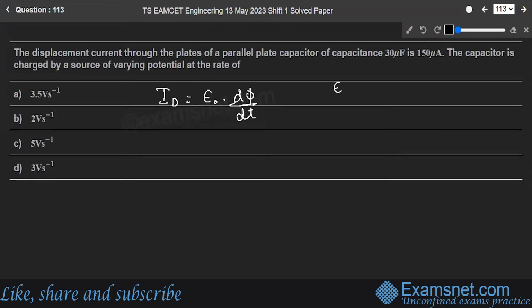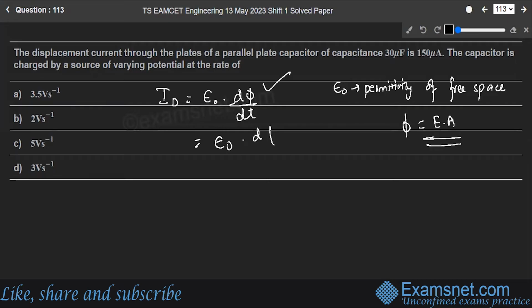This epsilon naught is the permittivity of free space, and this is the change in your electric flux. So this is equal to epsilon naught d. Flux is equal to electric field into area. So I'm using it over here, E into A, and the area is constant. I'm taking it outside. This will be dE upon dt.